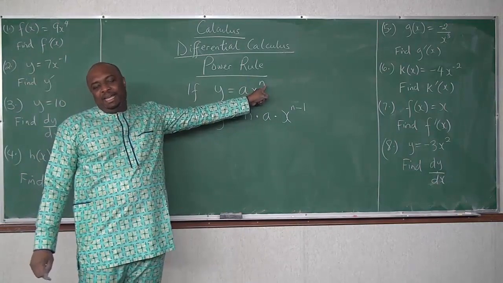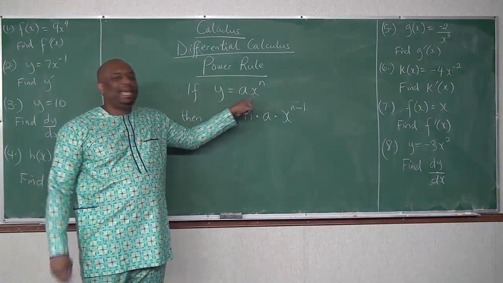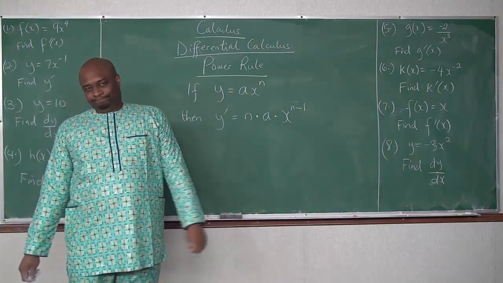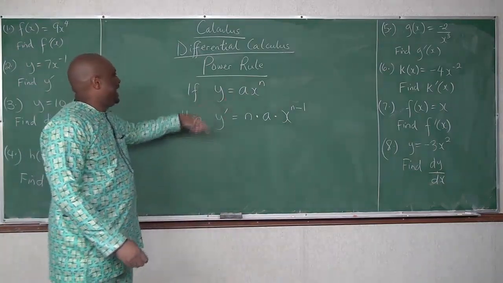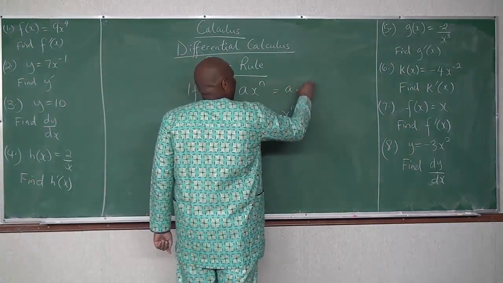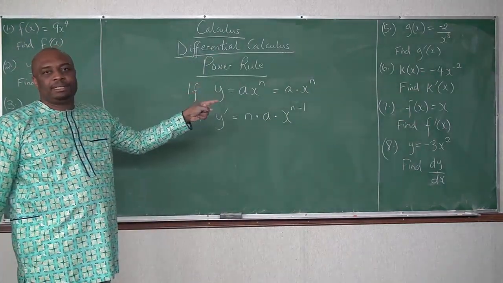This n here, you bring it times a, because this is a times x raised to power n. That is what it means. This is a times x exponent n. And this is what it means.